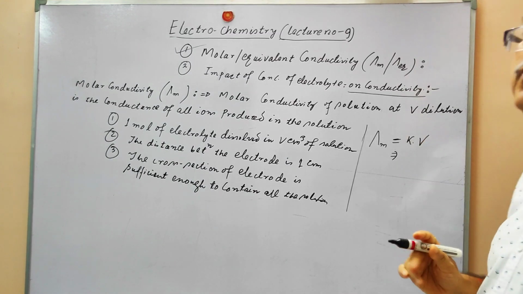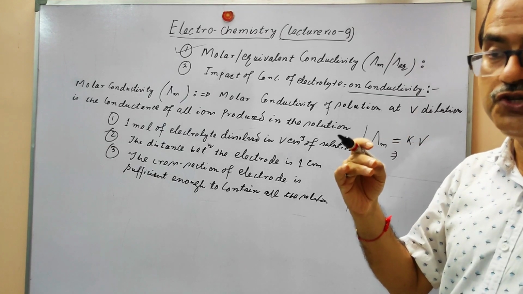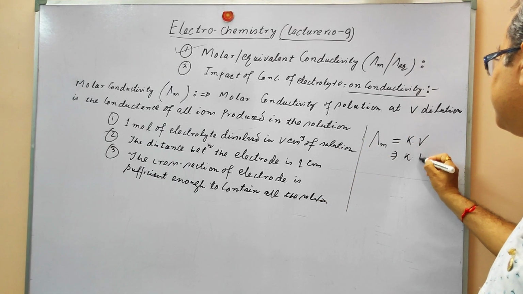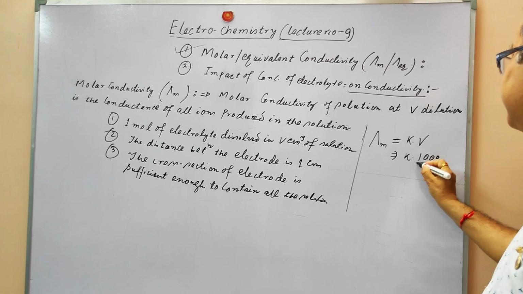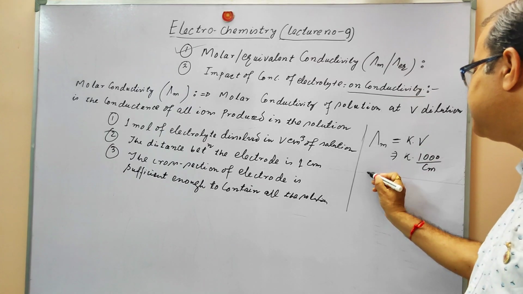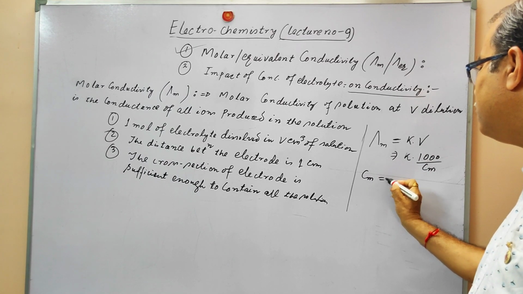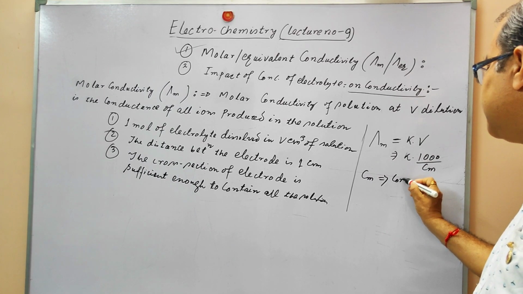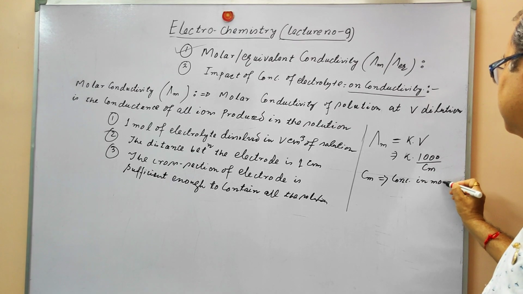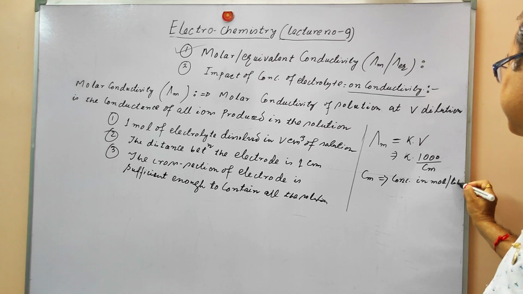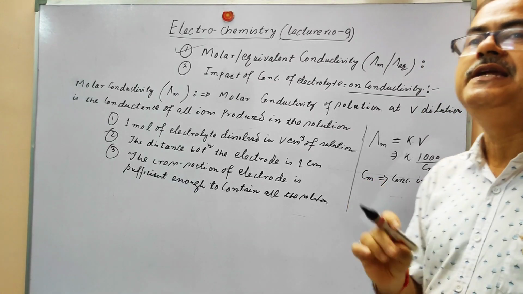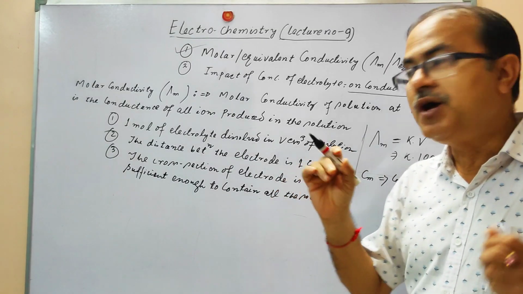Now this V term we can express in terms of concentration or molarity, and that is K into 1000 divided by Cm, where Cm is the concentration in terms of mole per liter. Moles per liter means it is nothing but the molarity.